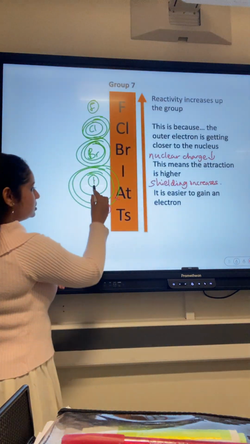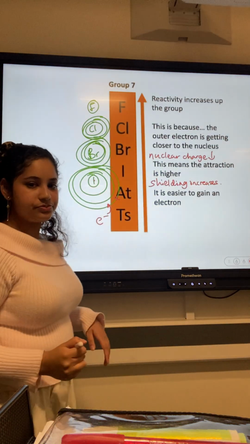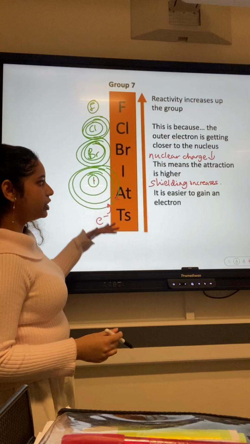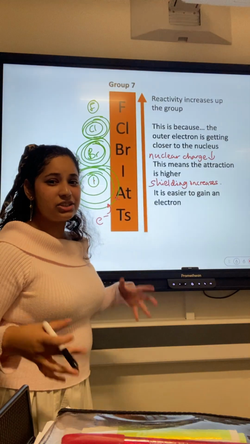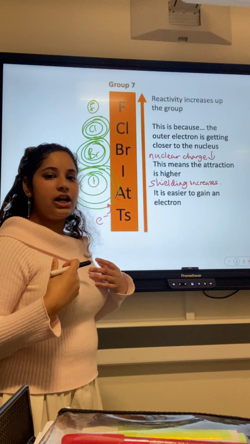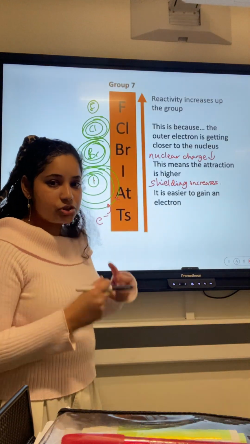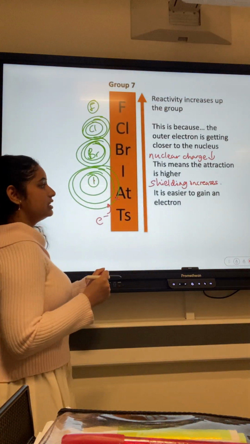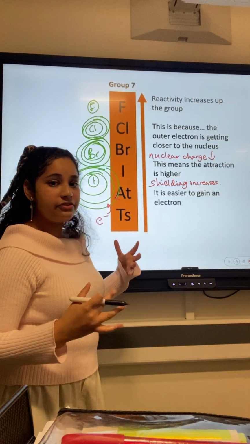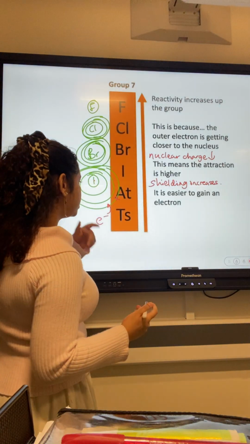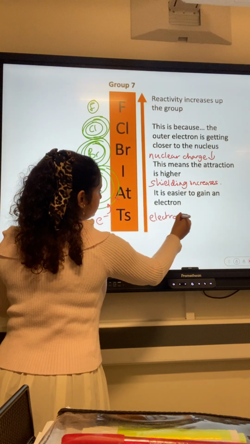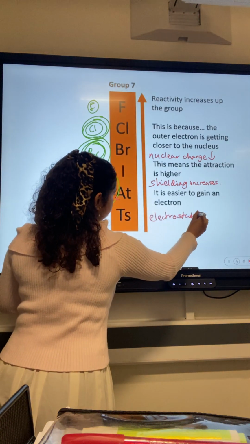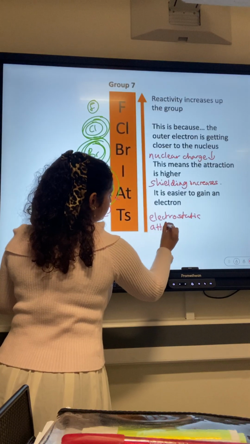As we go down, the nuclear charge decreases, so there's less of a pull on any electrons it's trying to attract. The shielding also increases, which affects the electrostatic attraction. So you can write down that electrostatic attraction decreases as you go down the group.